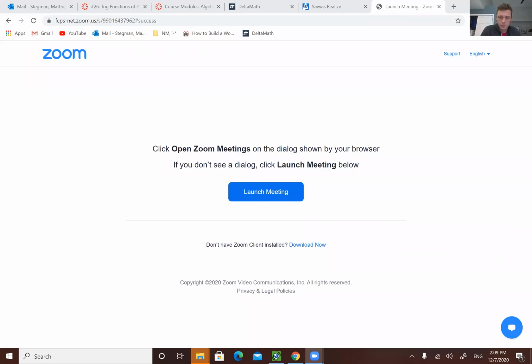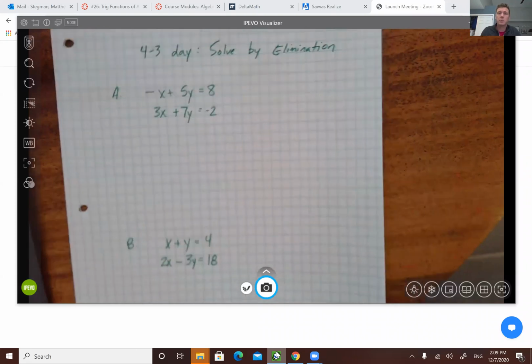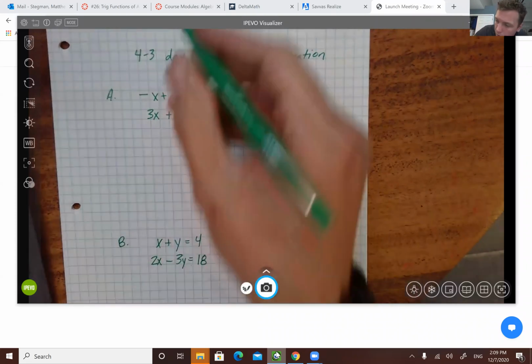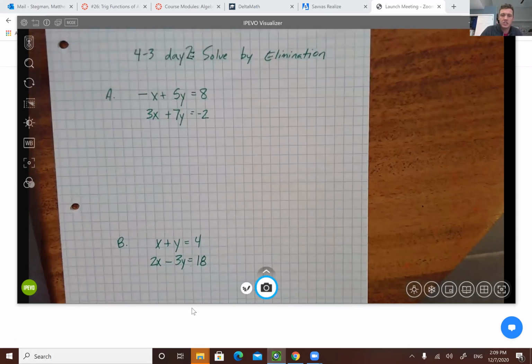So today, we're going to continue working with systems of equations. We are going to work with solving by elimination, but today we're going to work with some that are a little more challenging.